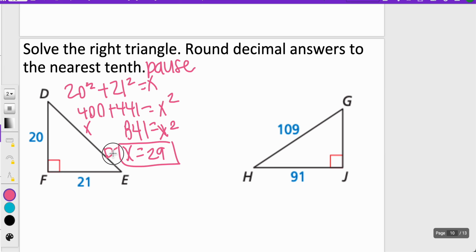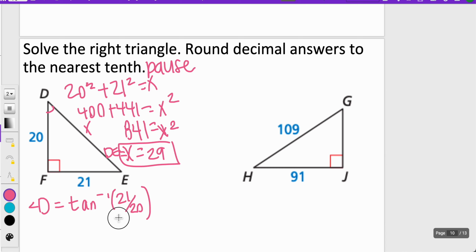So that's part 1 of our answer, or dE. Let's write dE equals x, which is 29. Then I'm going to start with an acute angle, angle D. I've got opposite over adjacent, so I can find the inverse tangent of 21/20ths. So the measure of angle D is equal to the inverse tangent, opposite over adjacent, of 21/20. So I can do 21 divided by 20.